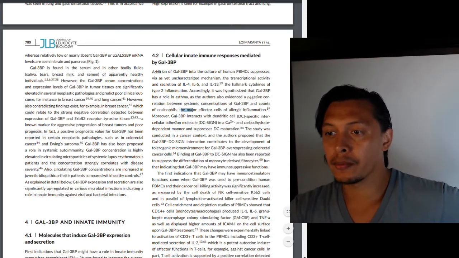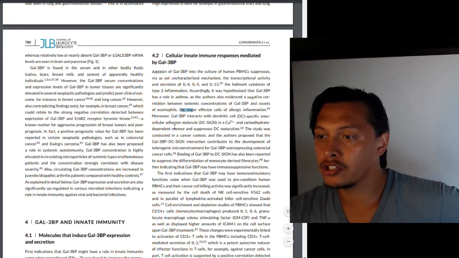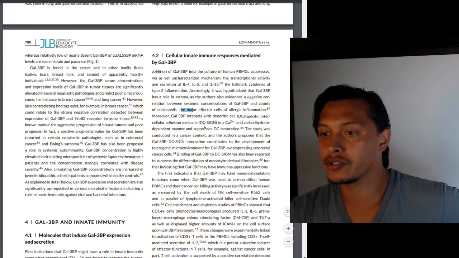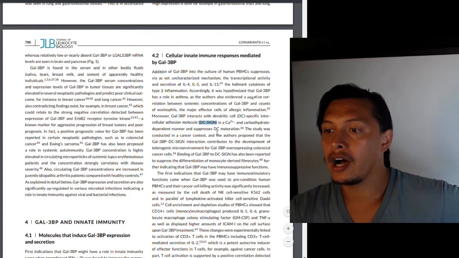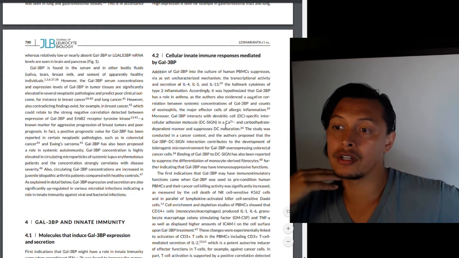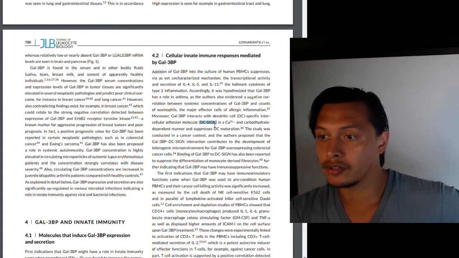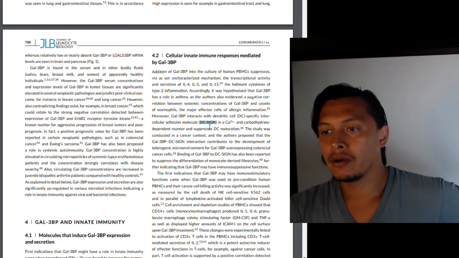Moreover, galectin-3 binding protein interacts with dendritic cell specific intercellular adhesion molecules, also known as DC-SIGN, in a calcium and carbohydrate dependent manner, and suppresses the DC maturation. So this is interesting. Galectin-3 binding protein can interact with these DC-SIGN molecules, and it prevents them from maturing.